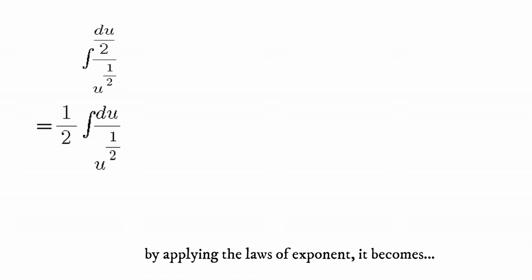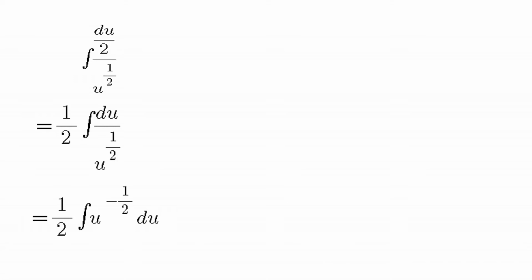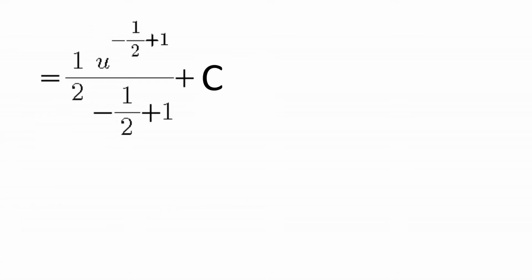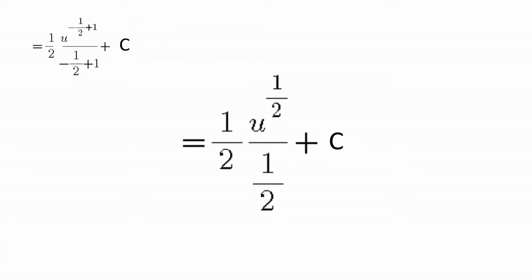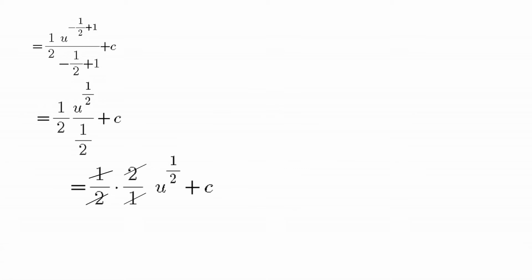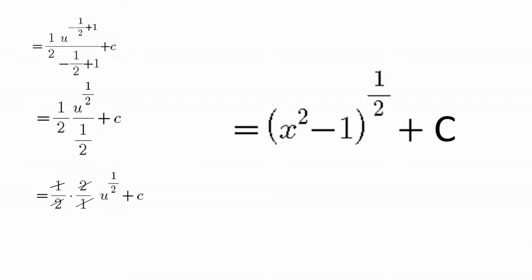By applying the laws of exponent, it becomes 1/2 times the integral of u to the negative 1/2 du, and it becomes 1/2 times u to negative 1/2 plus 1 all over negative 1/2 plus 1 plus c, and 1/2 times u to the 1/2 all over 1/2 plus c, and it becomes u to the 1/2 plus c, and our final answer is the quantity x squared minus 1 raised to the 1/2 plus c.